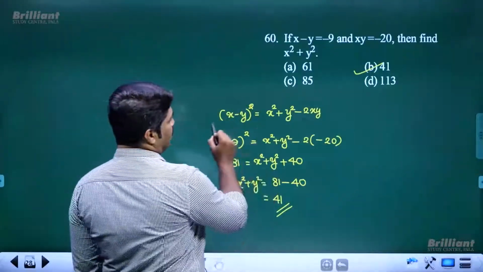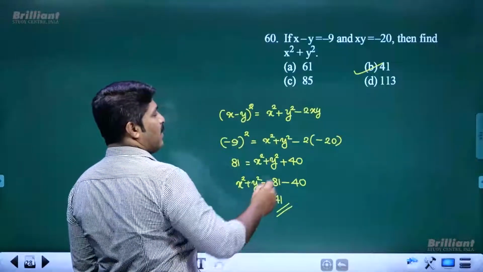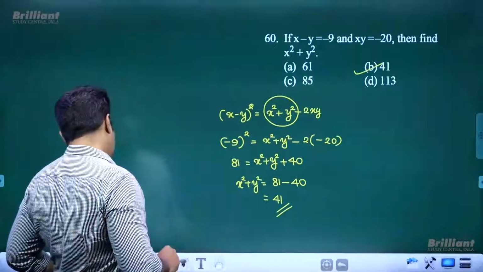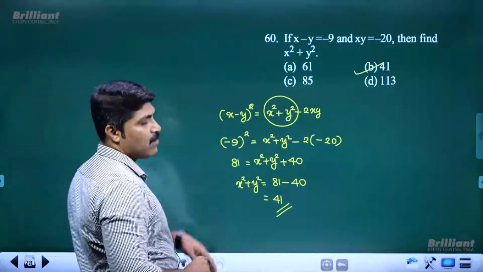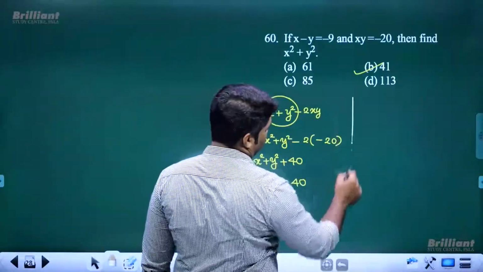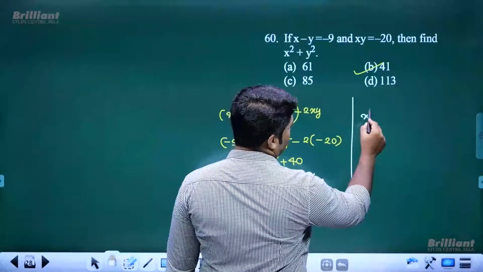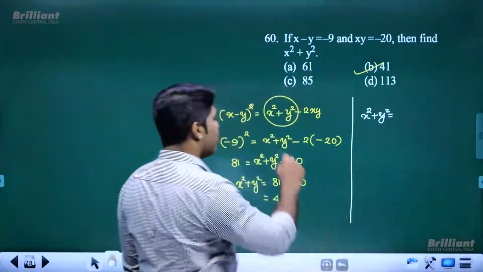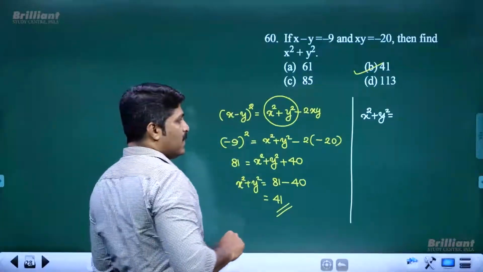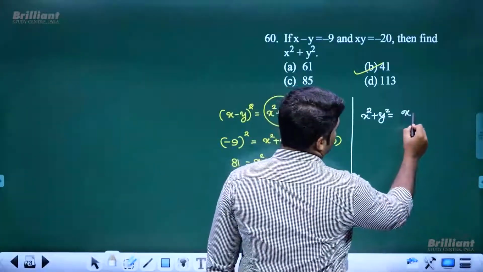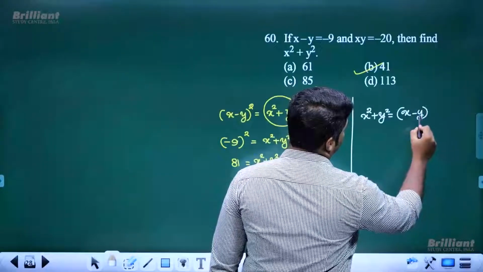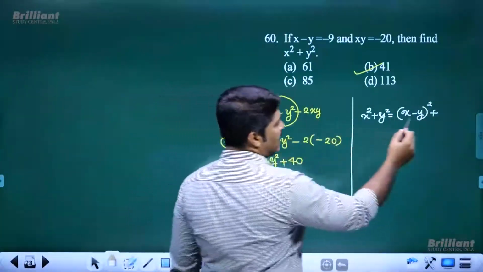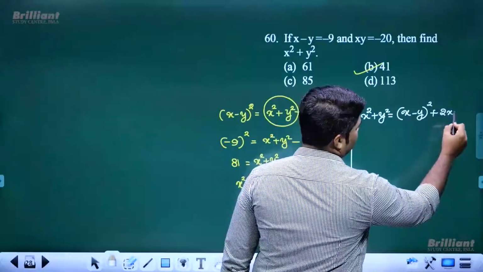So from this identity, we can get the direct result for x square plus y square. How to develop the direct result? So whenever you get such a question further, you can directly use this result. We are deducing it from this identity. That's simply x minus y the whole square, and taking this value to the left side, plus 2xy.